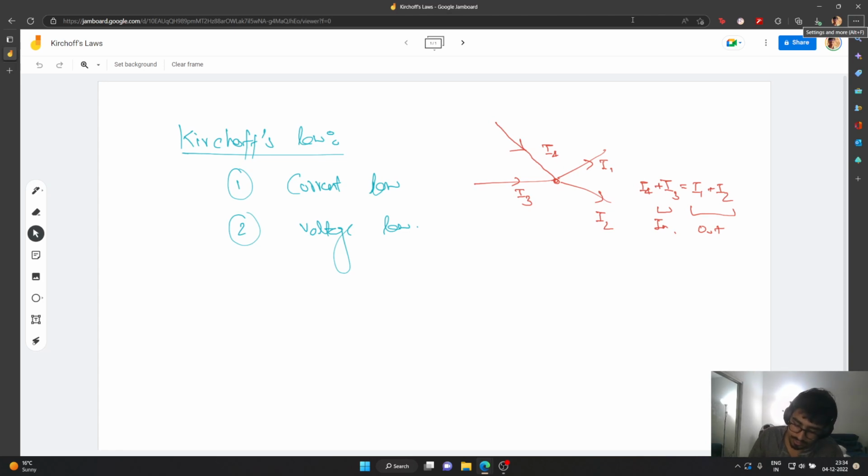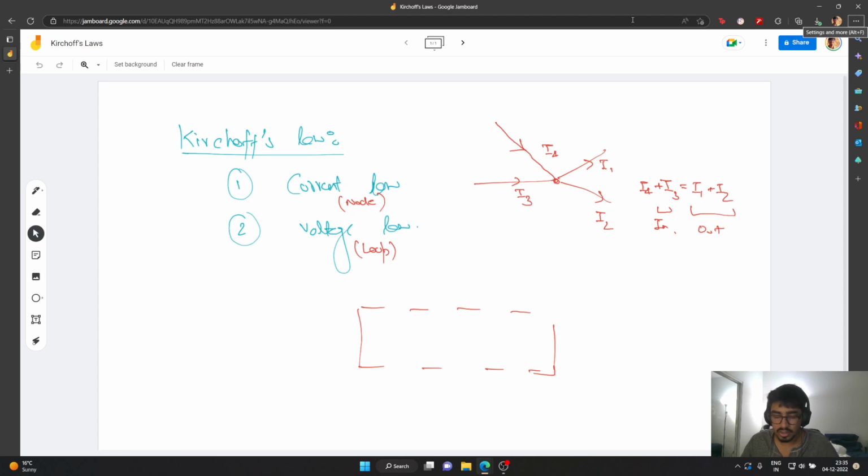The second law is a little more complicated. The first was about a node. This one is about a loop. So you have components along a loop. There will be some components that give energy and some components that take energy.